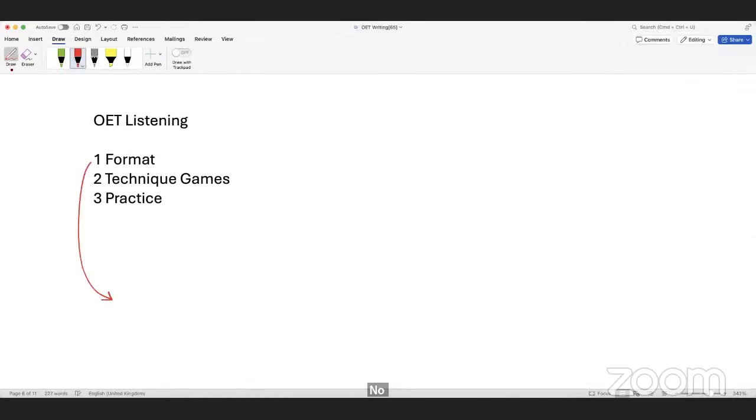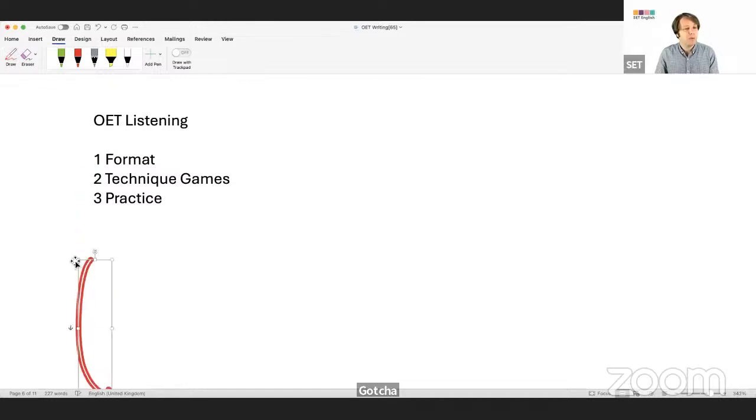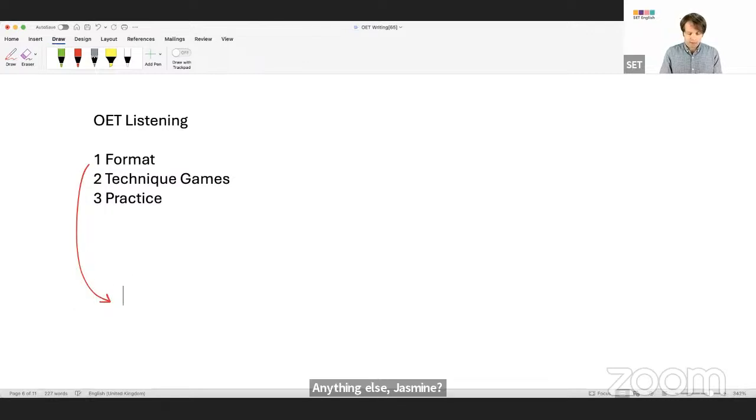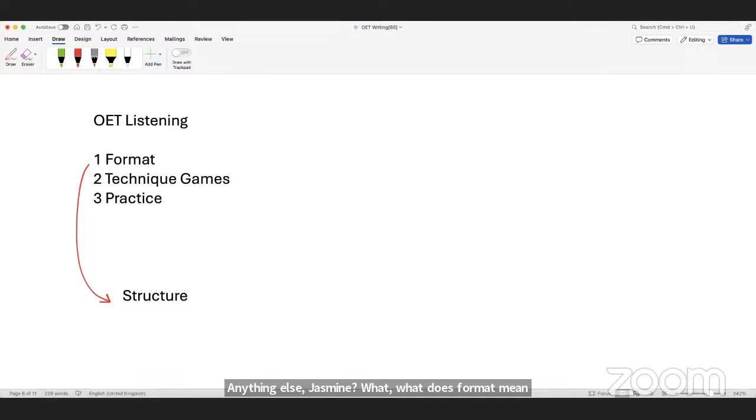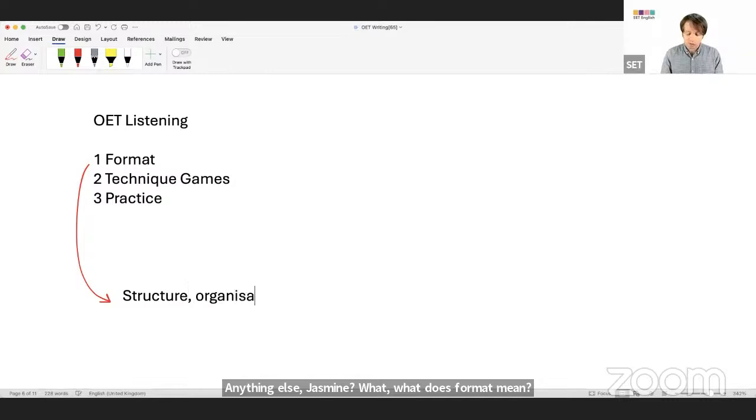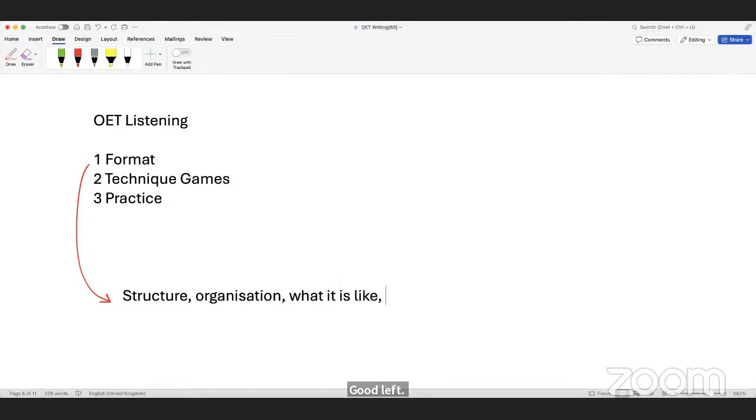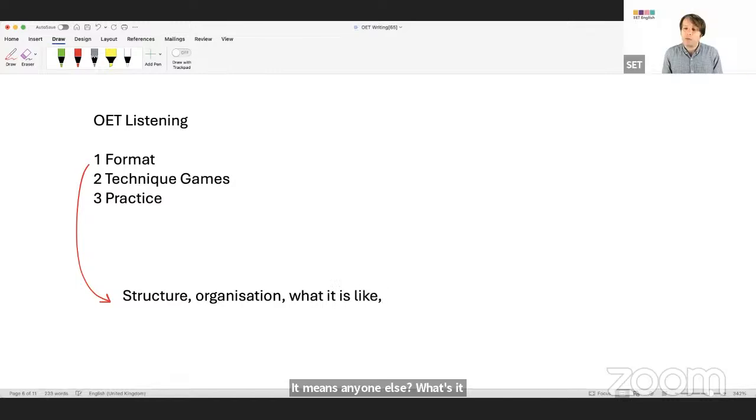Structure is one. Anything else? It means structure, organization. It's like the shape, I suppose, as well.